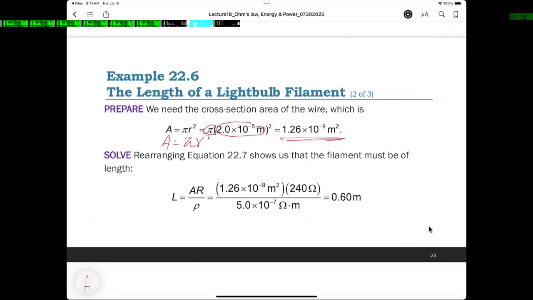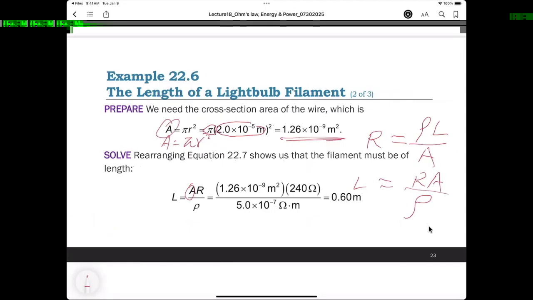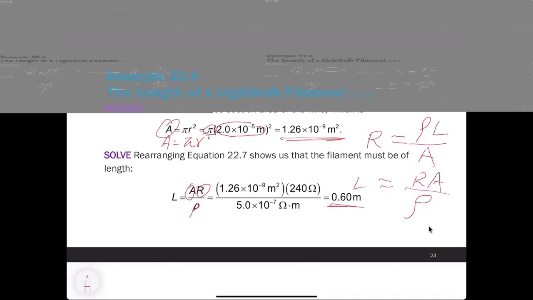Then we use the equation R equals rho L divided by A, which means L equals RA divided by the resistivity. We know A, because we calculated it, and we know R, which we have calculated before. Then we can calculate the length.